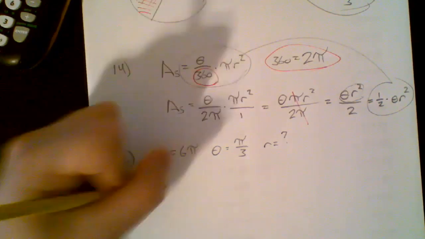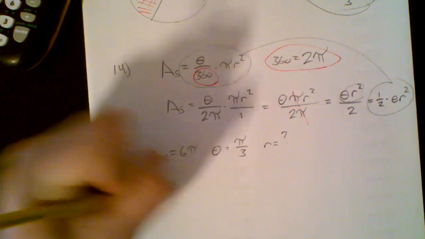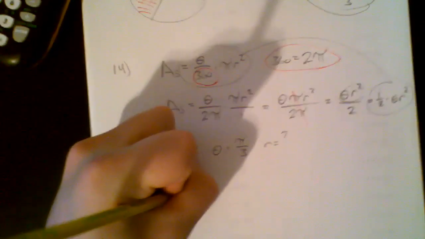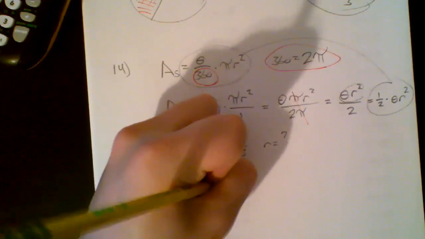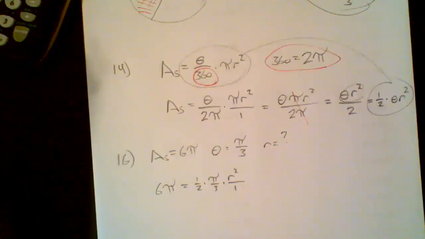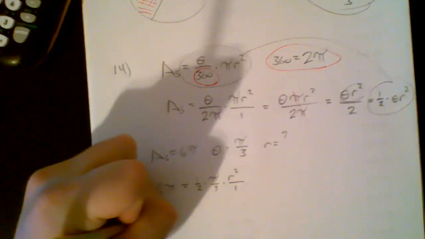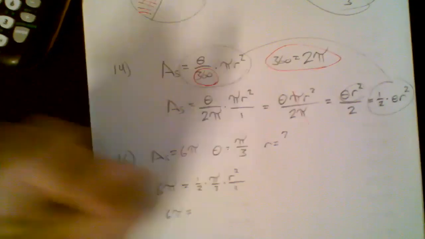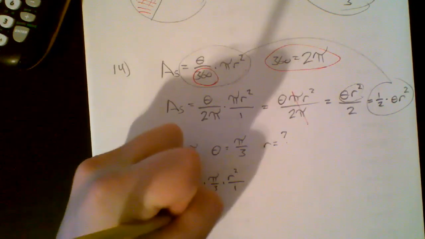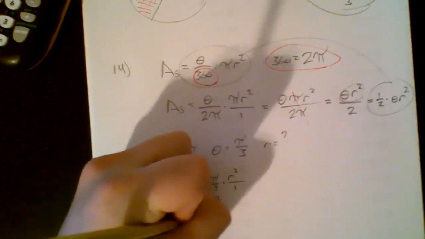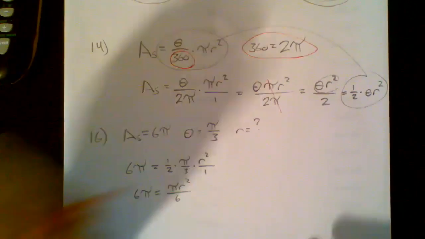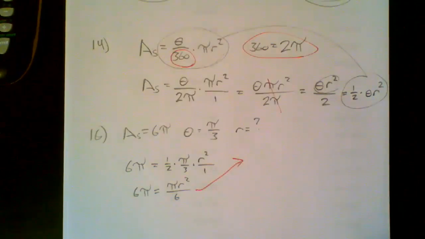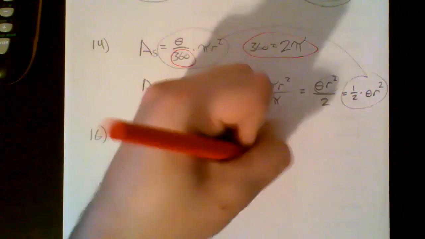So we have 6 pi equals 1/2 times pi thirds times r squared over 1. That's going to be pi r squared over 6. I'm out of room here, so I'm going to go up here. Multiply both sides by 6, and you get 36 pi.